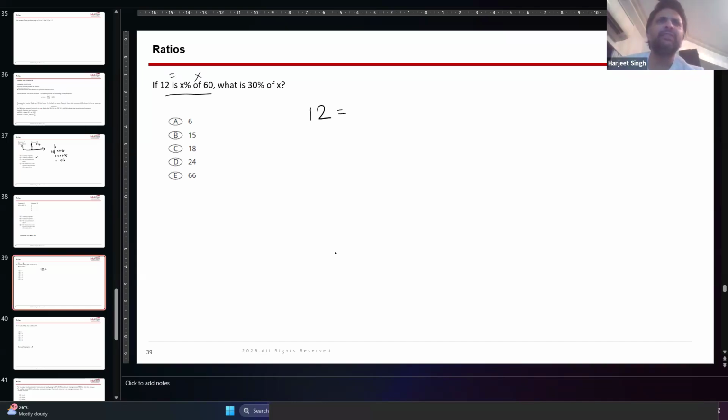So 12 is X percentage, and percentage means, can I say divide by 100? So 12 is equal to X by 100 into 60. So we can find X is 1200 divided by 60, which is 20.